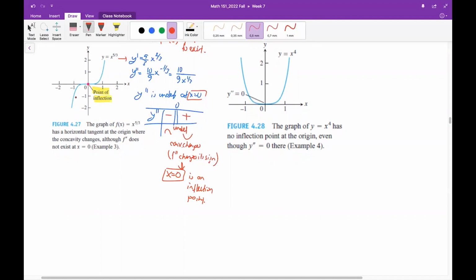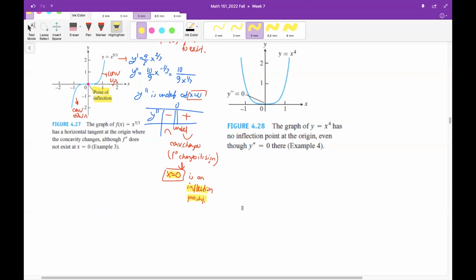Before this point you have a concave down graph, and after this point you have a concave up shape. After you verify that the second derivative changes its sign, you can conclude that you have an inflection point there.